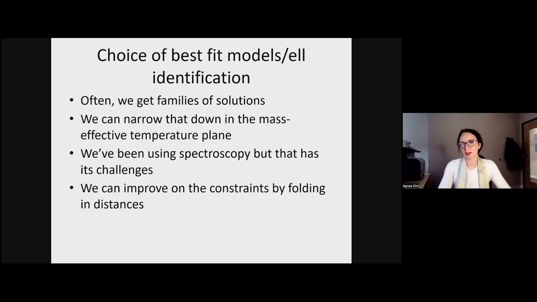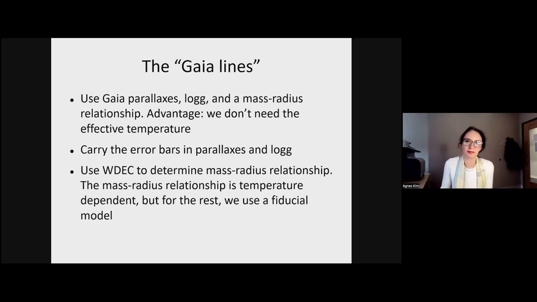One handle we have on this is that in the mass effective temperature plane, we have external constraints, and a lot of us in the field have been using that, or try anyway. So one is the spectroscopy, but that has its challenges. But now with distances, we have an extra constraint there that is great to use.